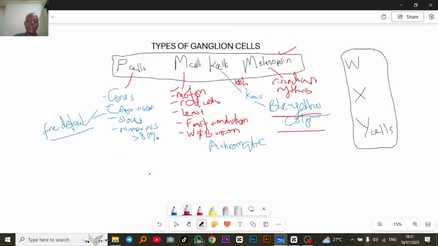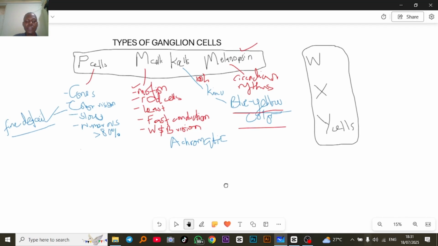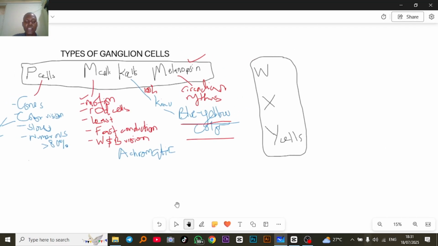So that's one grouping. The other grouping is the WXY. According to this grouping, the W ganglion cells will be responsible for transmitting information concerned with directional movement. You get? Directional movement or motion.